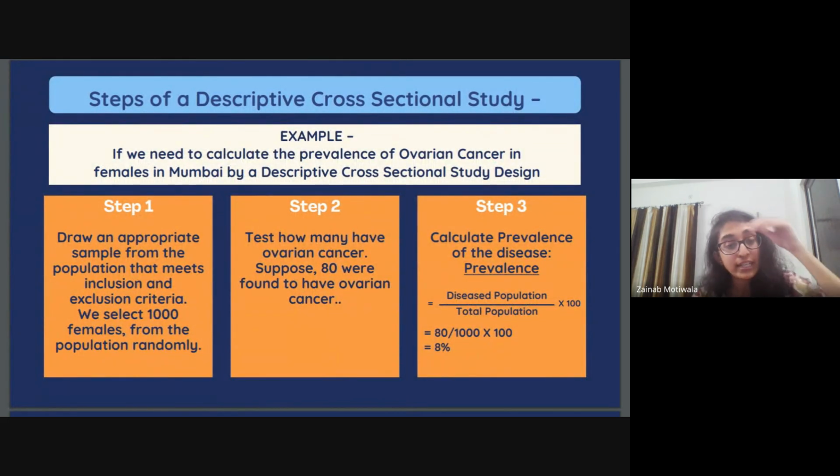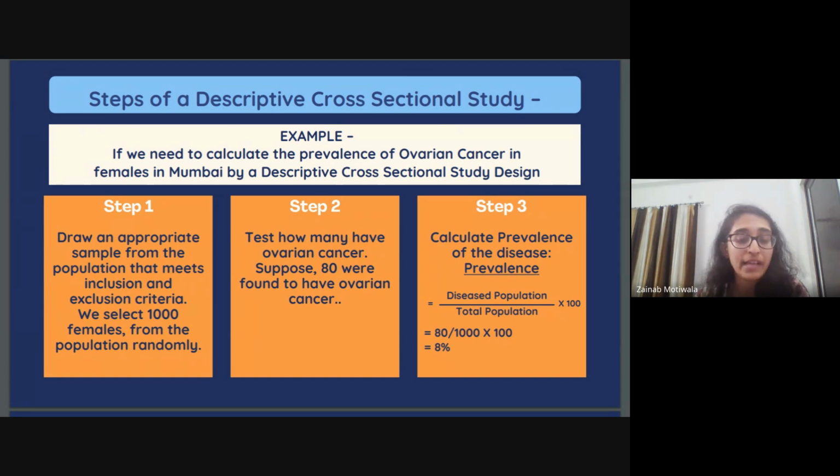Now we have a very good example to understand the steps of a descriptive cross-sectional study design and how prevalence is actually calculated. For example, we need to calculate the prevalence of ovarian cancer in females in Mumbai by a descriptive cross-sectional study. So what would be the first step? It's obvious. First, we're going to choose the population.